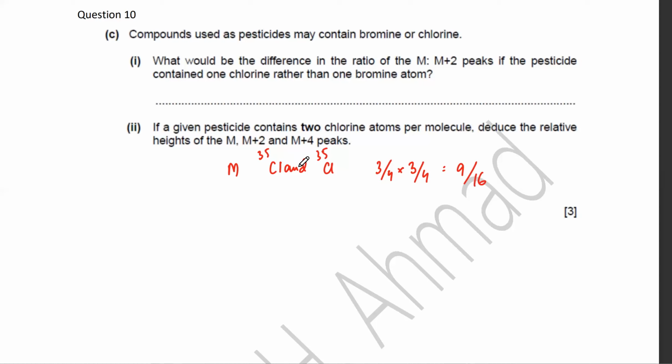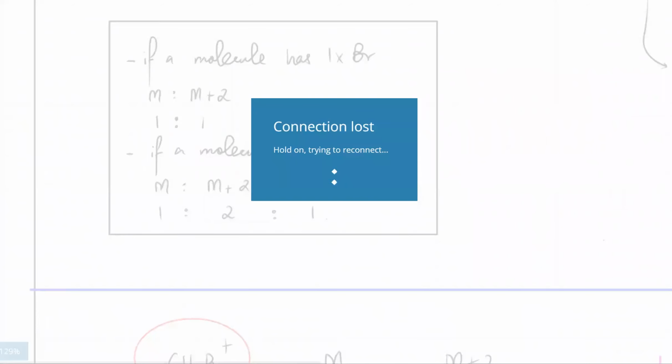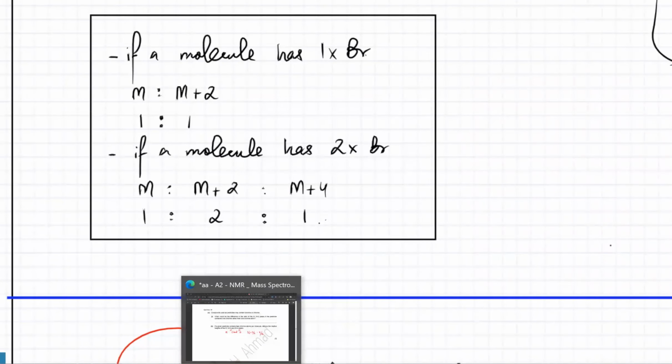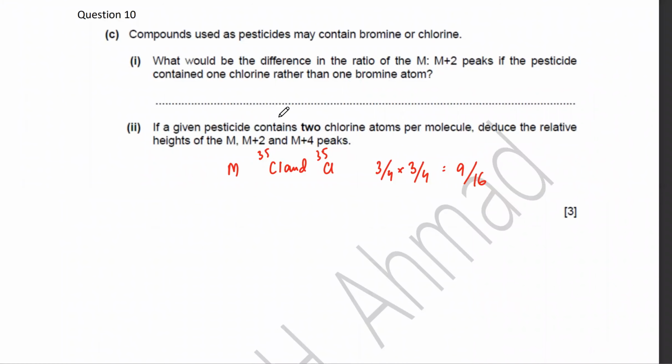Okay, we did the math on the board. Is that clear? So we just say 9, 6, and 1. In this one, I think you would have to show some math, like the one that we did over here. Out of 16, 9 of them would give peaks at that. So it's going to be 9:6:1. Deduce the relative heights.